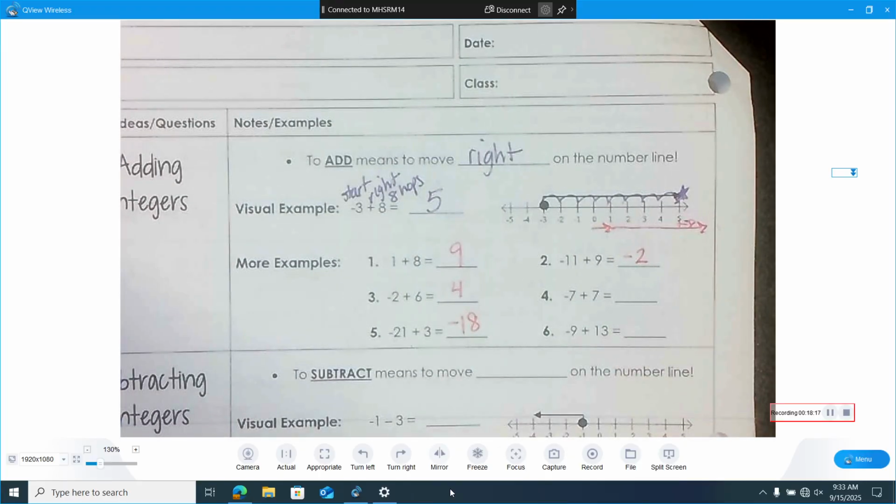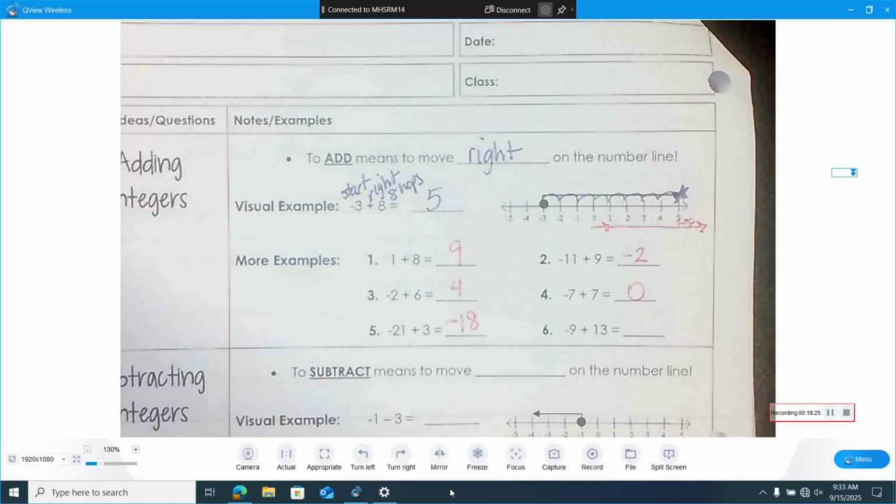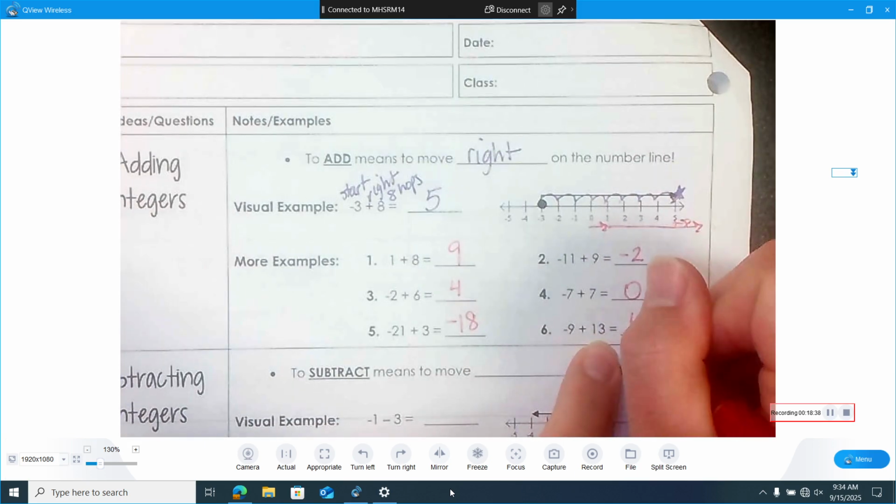If I start at -7, and then I move 7 spaces to the right, where do I land? 0. Very good. If I start at -9 and add 13 spaces to the right, where do we land? 4. Very good.